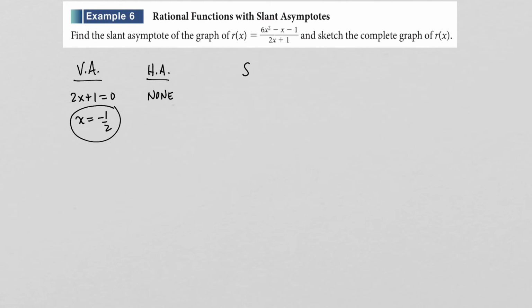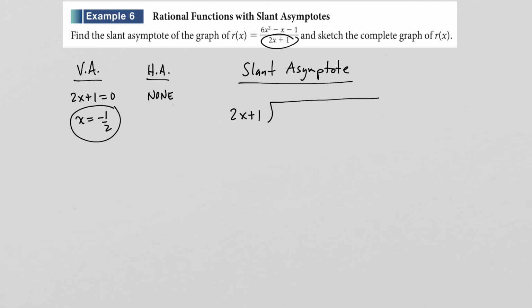However, because the degree is exactly 1 larger, we will have a slant asymptote for this graph. So to find that, what you need to do is use long division to divide the denominator into the numerator. And so we'll go through this long division process.